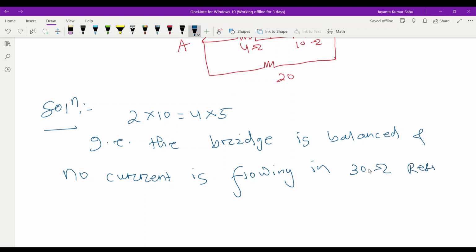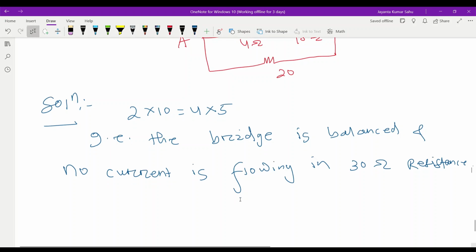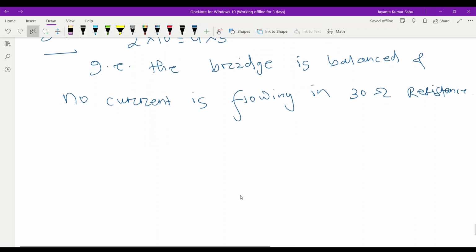The 30 ohm resistance behaves as an open circuit. Now we redraw the circuit. We just remove the 30 ohm resistance and we get this type of circuit.